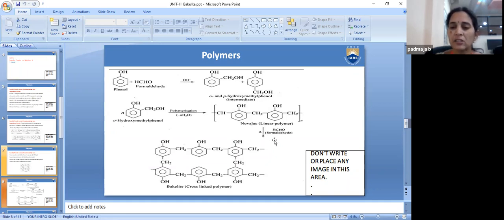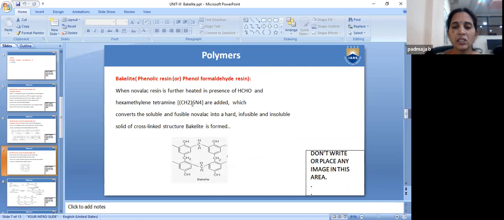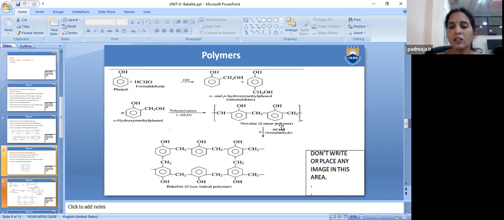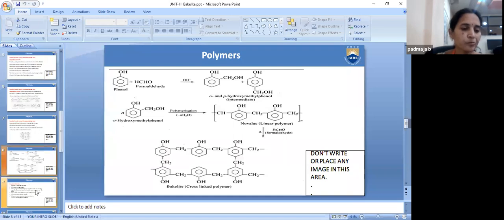To this Novolac linear polymer, we add formaldehyde, and we must use the catalyst hexamethylene tetramine, so that the fusible Novolac linear polymer converts to the infusible cross-linked structure Bakelite. So this is the preparation of Bakelite.